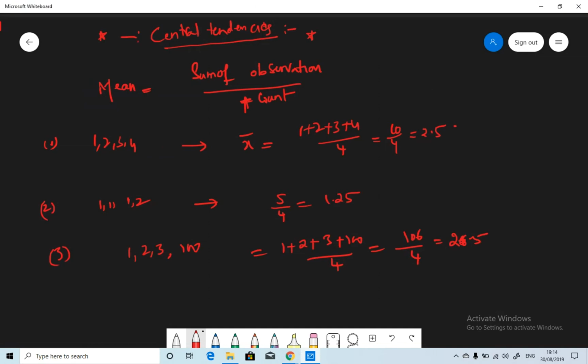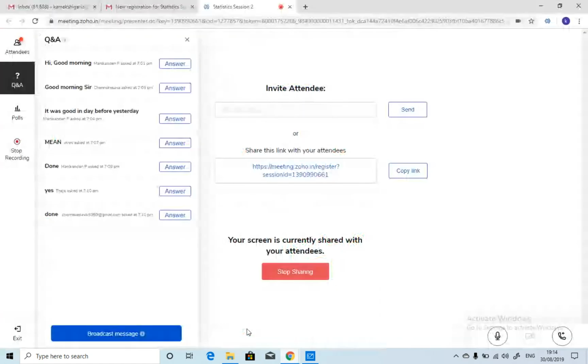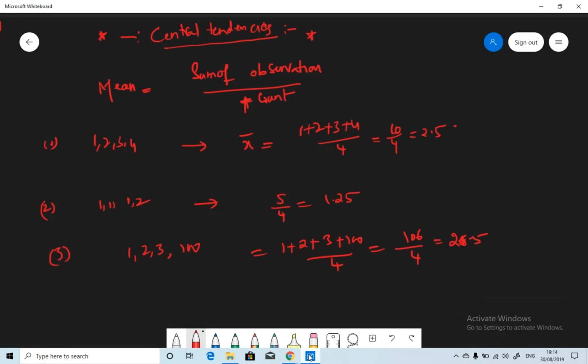That is the interesting thing we are going to discuss today. I'm not going to talk about what is mean, mode and median. I'm going to talk about how this impacts. Please note this down and let me know once you are done, because these things have not been included in the slides; we cannot include everything in slides.